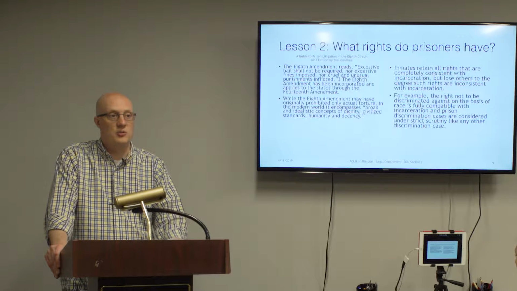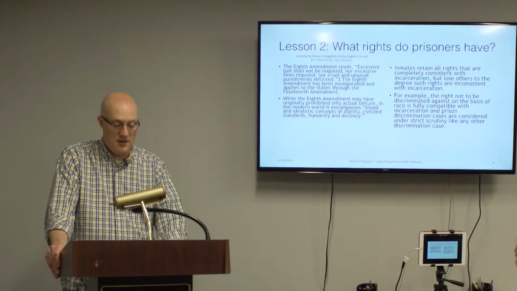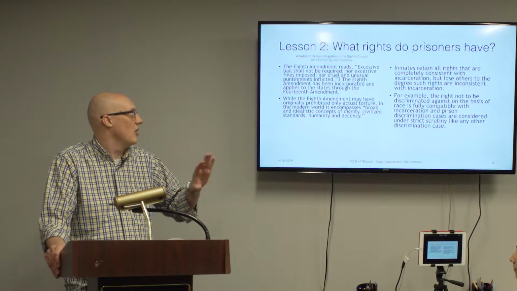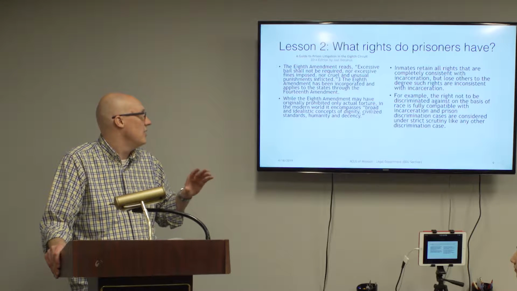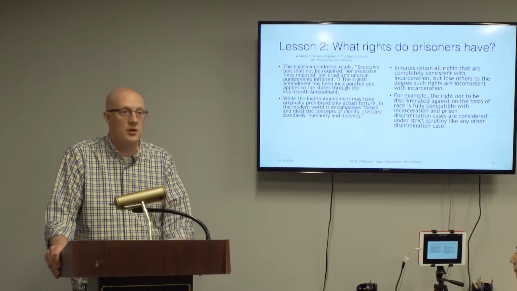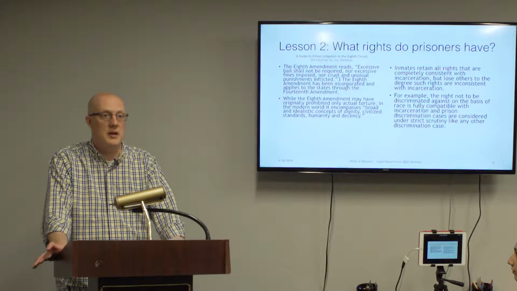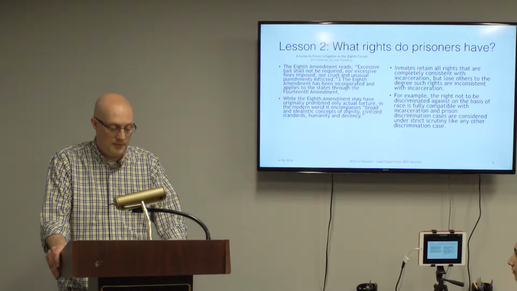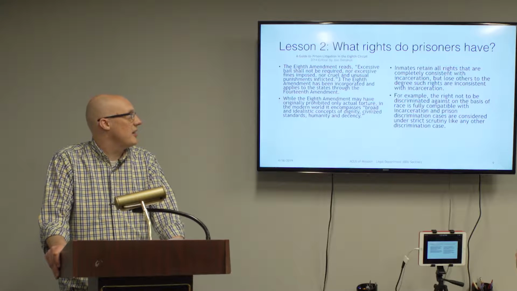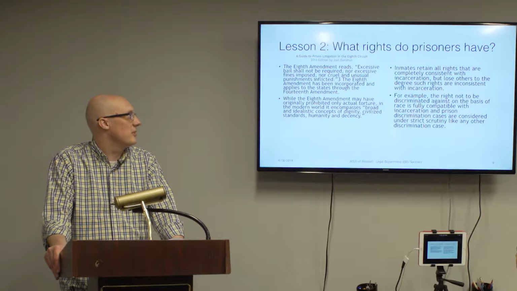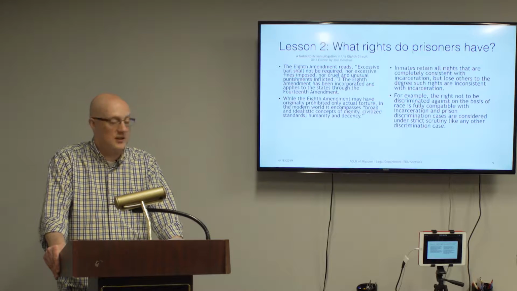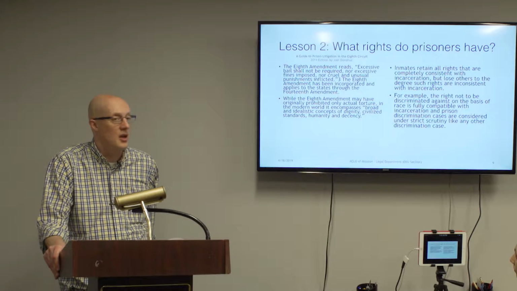The more difficult ones are the ones where no clear harm has been inflicted, or the more deliberate indifference-based claims. So inmates retain all rights that are completely consistent with incarceration, but lose others to the degree such rights are inconsistent with incarceration.